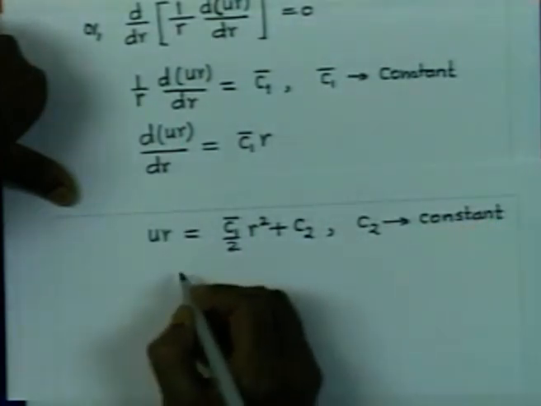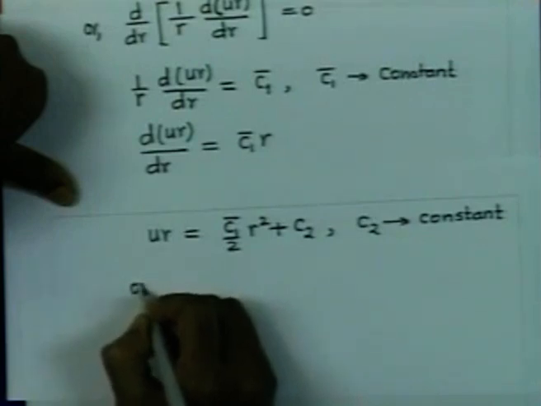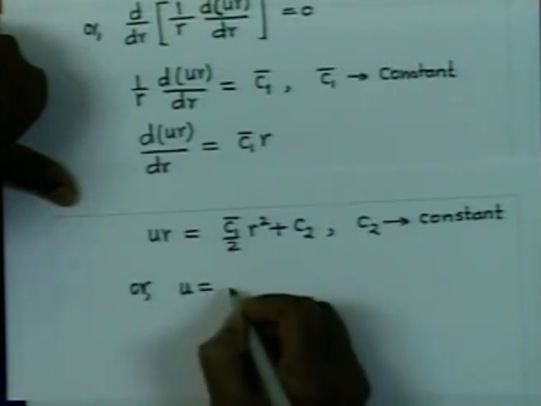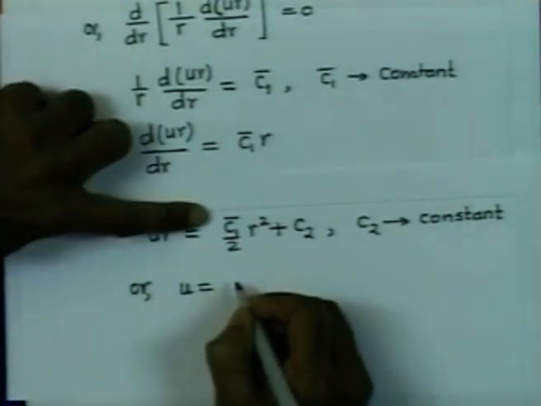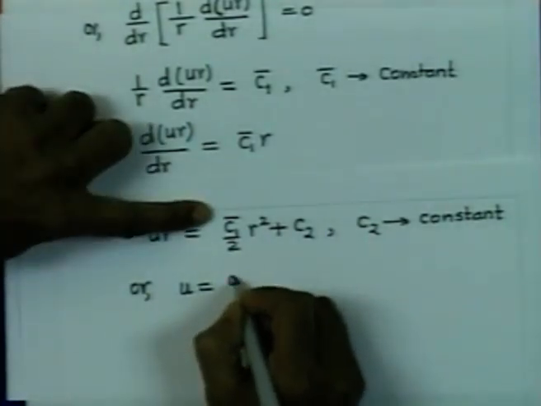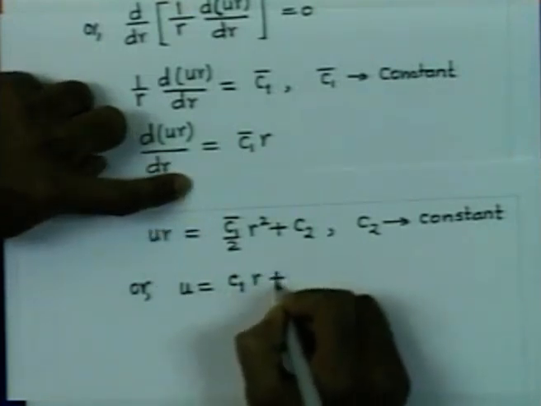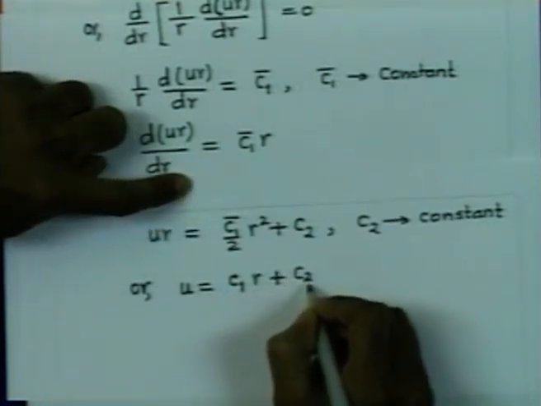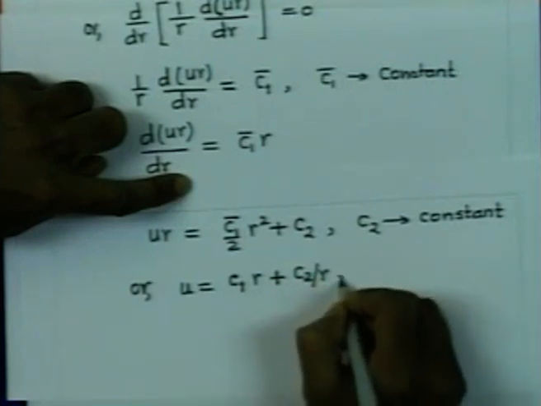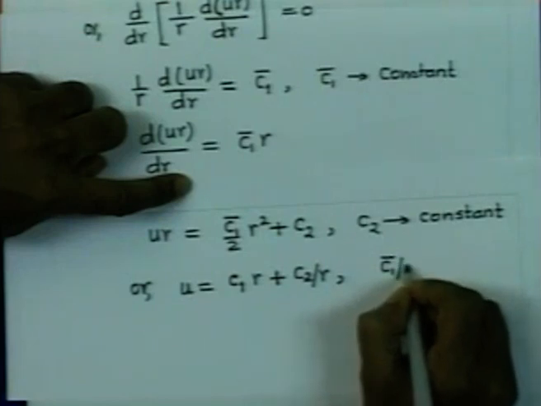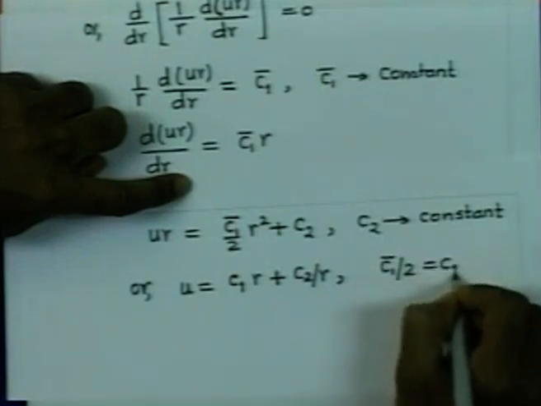Now, we can write this in the form u equal to C1 r plus C2 by r, where we have substituted C1 bar by 2 equal to C1.